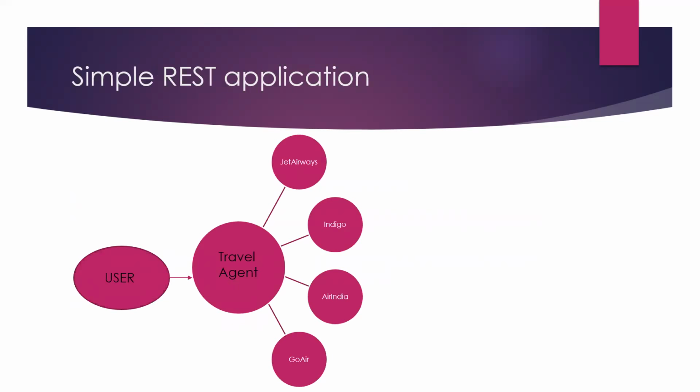We have many airline companies and we want to book a ticket from place A to B. I will enter two destinations, A and B, and my application will communicate with the REST APIs exposed by the airline companies, like Jet Airways, Air India, Go Air, and it will consume their APIs and the prices offered by them, and then we'll be able to see all the prices which are available on that particular date.